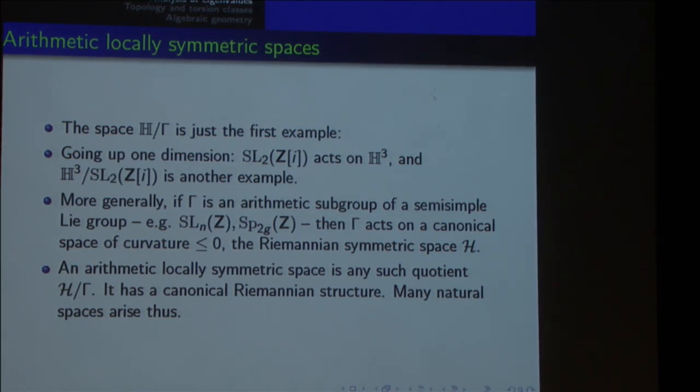Okay, so there's a whole collection of these for each semi-simple group over the rational numbers. So there are many interesting spaces that arise this way. But for the rest, I'm just going to focus on this second example that I wrote here, hyperbolic 3 space mod SL2 over the Gaussian integers, just to keep it easy to visualize.